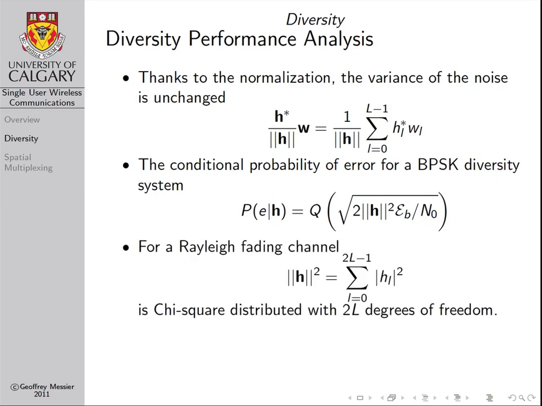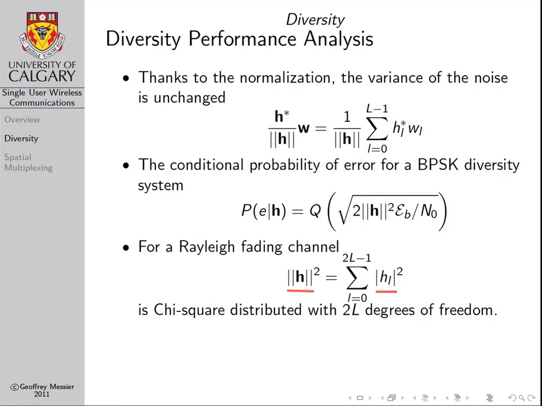Now, if we assume Rayleigh fading, then the squared norm of our diversity channel vector is equal to the sum of the magnitude squared of the individual channel terms. And if we're assuming Rayleigh fading, these individual channel terms are zero mean Gaussian random variables.